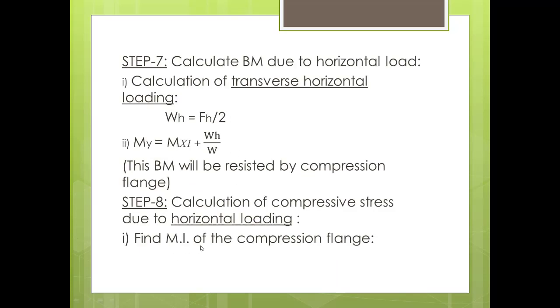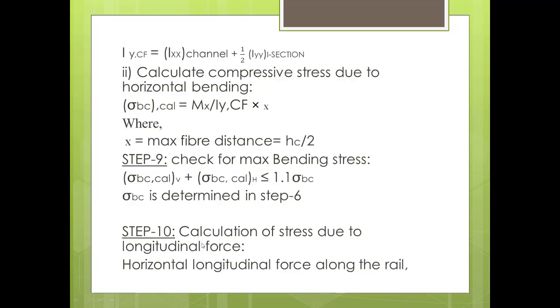For finding the moment of inertia of the compression flange, we have to find this Iy of compression flange. This is nothing but Ixx of channel section plus half of Iyy of I section. So you can see that we can find the Iy of compression flange.